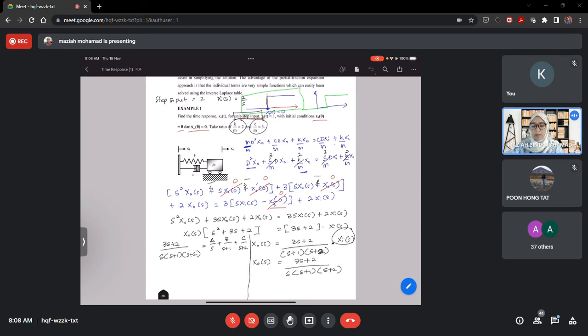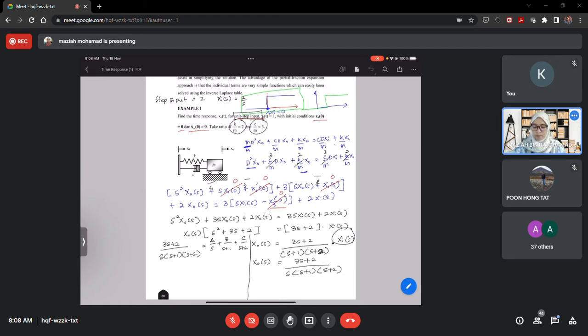After that, we apply the initial condition. The initial condition is given there: x(0) is 0 and x dot(0) equals 0. After that, we apply the input. But before we apply the input, we need to write the equation in the form of output equal to transfer function multiplied with the input.